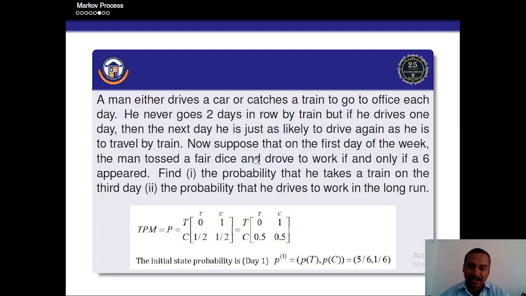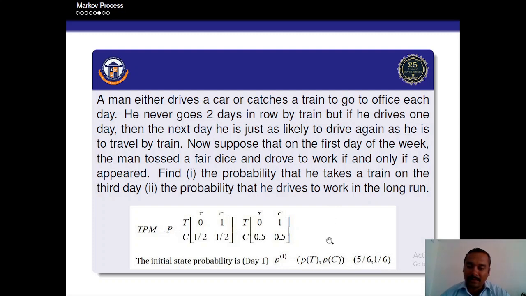Based on this condition, the initial state probability is defined here, that is p power 1 for the first day: probability of choosing train, comma, probability of choosing car. The probability of choosing car is the probability of getting 6 when throwing a fair die, which is 1 by 6.